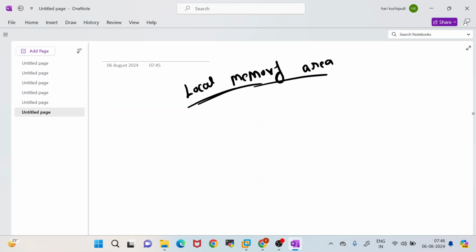Okay, this local memory area is local, or private, to the process. Now what are the different components of local memory area?